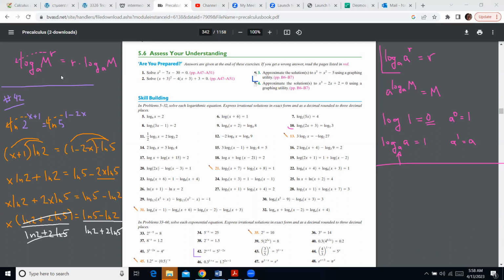So let me try another exercise here, and then I'll have you try something nice. Let me give you something nice. Like number 33, I think is a nice exercise. Number 33 has 2, which is raised to the power of x minus 5.